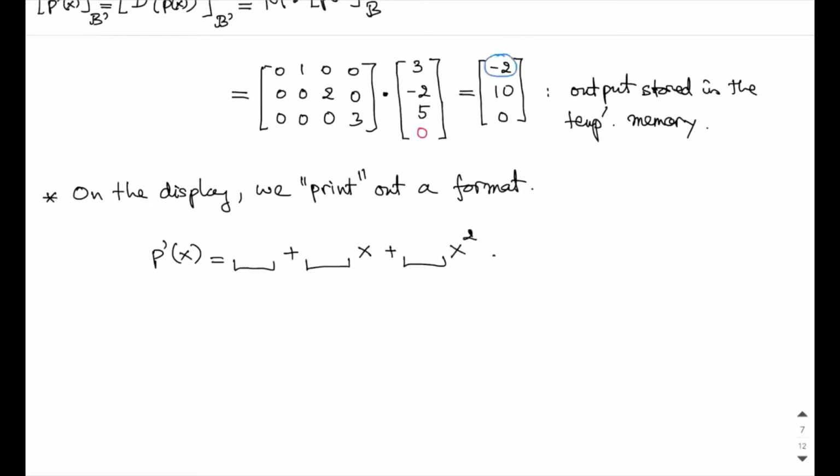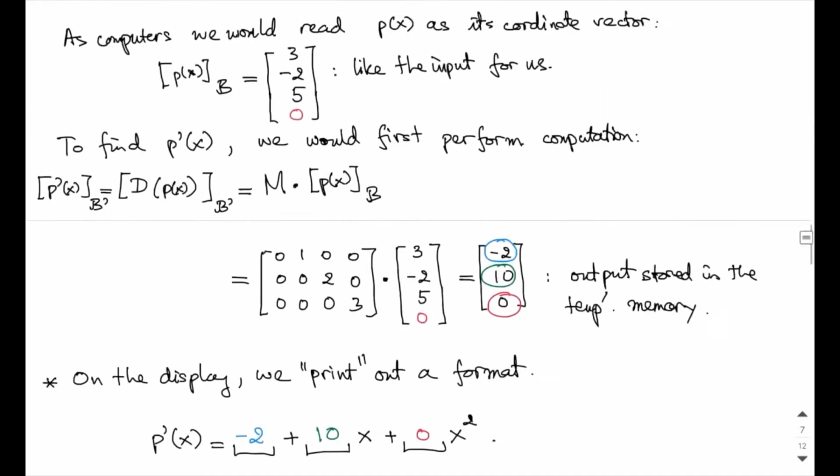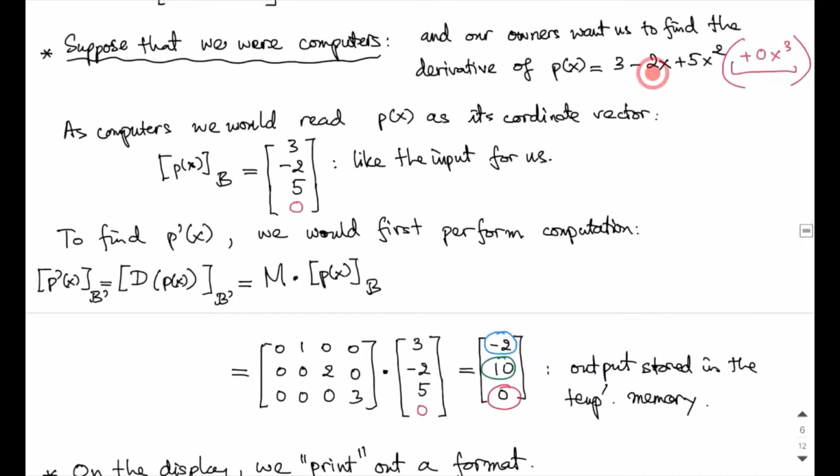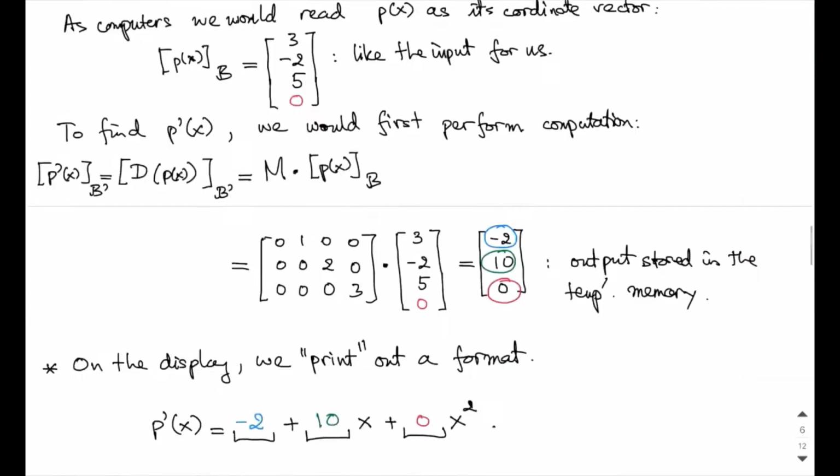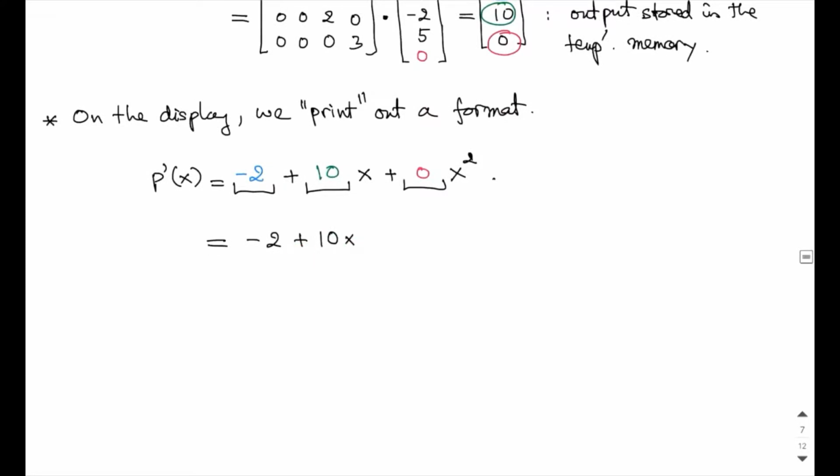Then we are going to put this one into the first place, this one into the second place, and this one into the last position. Of course, we can be programmed to do a little bit more. If we have 0, we can just skip that part. And so this is negative 2 plus 10x. Let's go back here. If you start with this polynomial and you take the derivative, you're going to get negative 2 plus 10x. That's exactly what is going on here.